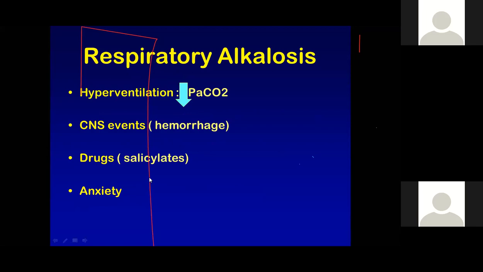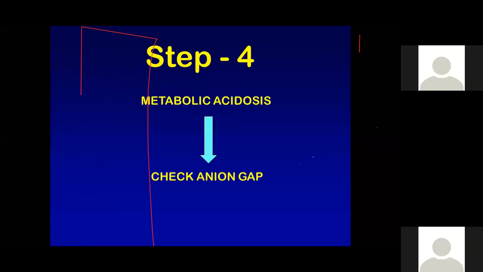Especially, we all know if you are facing some kind of anxiety, this is what happens. And if somebody wants to hit some person, he will immediately become frightened or anxious, which makes his carbon dioxide low and suddenly he will faint. That is a classical example. Any CNS events, hemorrhage in the central nervous system, cause respiratory alkalosis because of tachypnea, and drugs like salicylates and anxiety, which I've already mentioned.